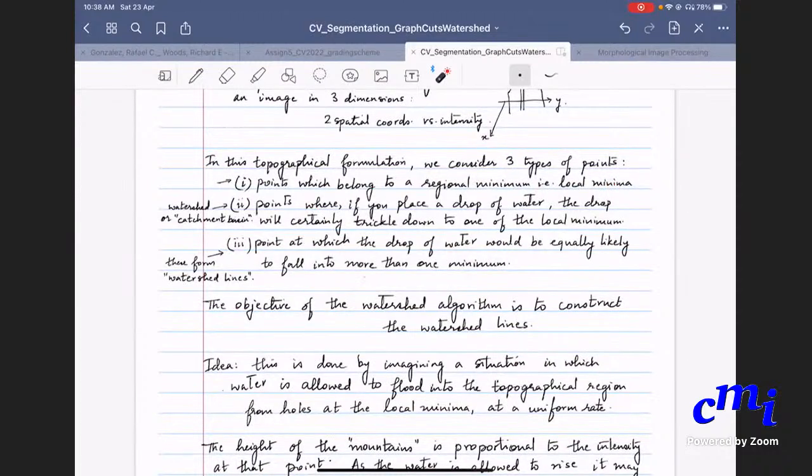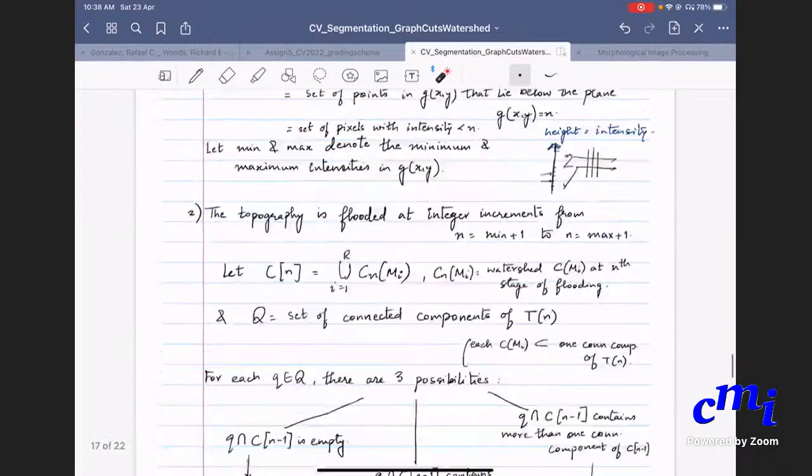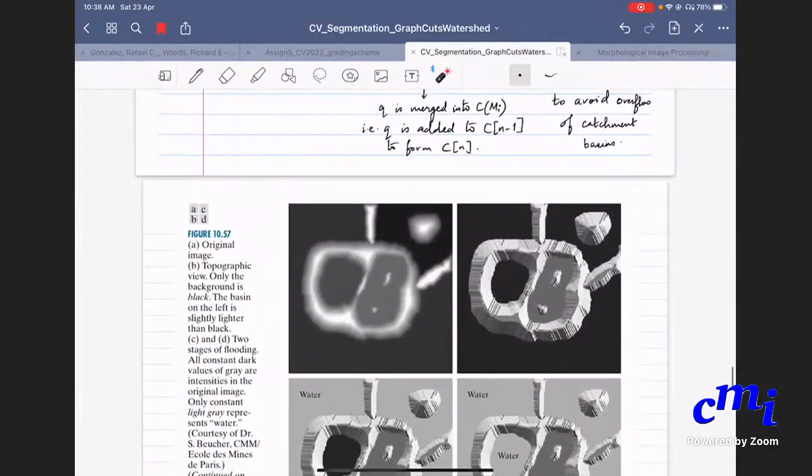Then there is something called the catchment basin or watershed, where points, if you place a drop of water, the drop will certainly trickle down to one of the local minima. So for example, in this image, this is a watershed region. Okay, because if you put a drop of water here, it's going to go down to this minima, or this is also a watershed region.